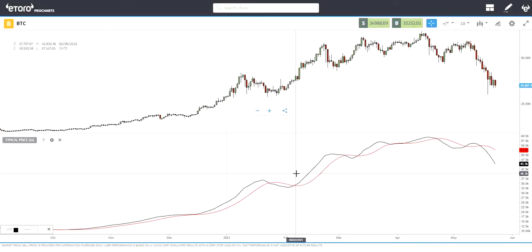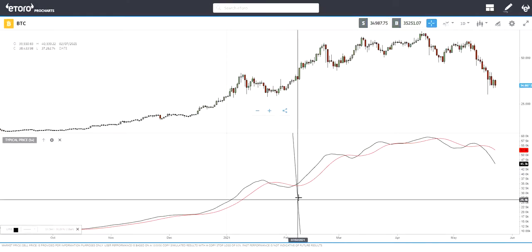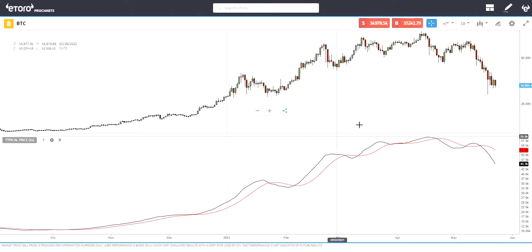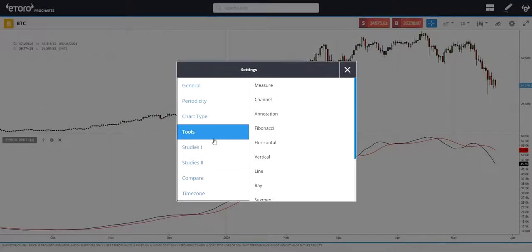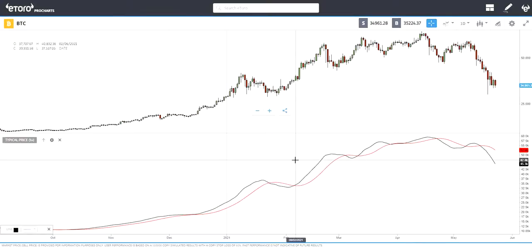Here you can see the cross. Oh, sorry, I think I chose the wrong one. Oh yeah, vertical. I put it here at the top. You can see we had a buy signal here based on this. Then you can close when it gives a sell, some of them, and keep the rest.